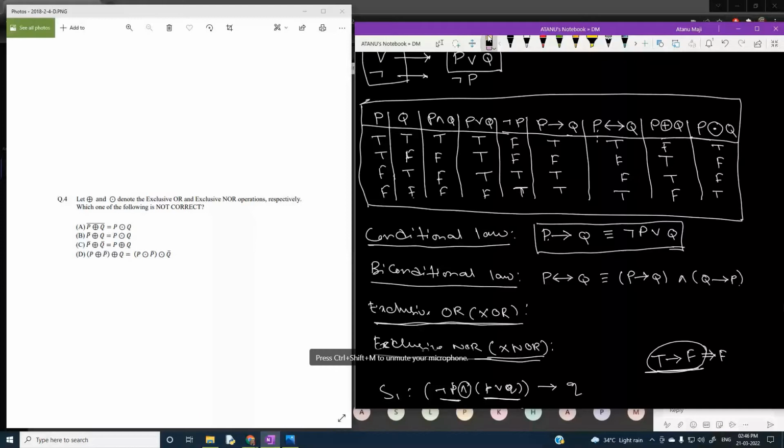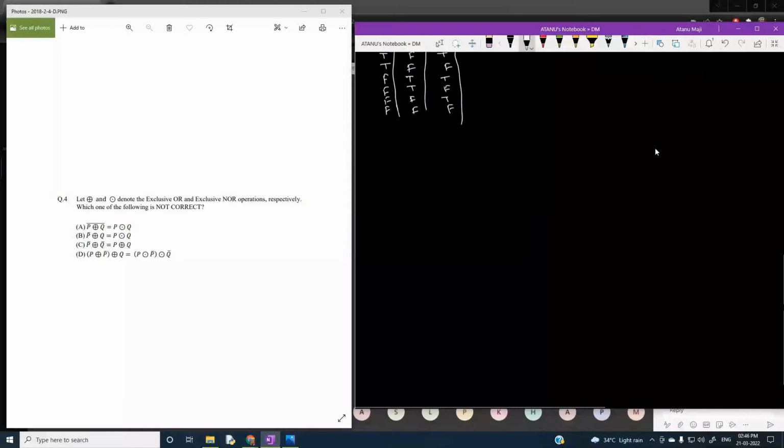Take the second one, that is negation P or Q is the same as P NOR Q. I think that will be false, because here for P and Q we are getting that negation of whole P or Q is the same as P NOR Q. So I think it should not be the same. If you want, you can make a truth table for that and check it by yourself.